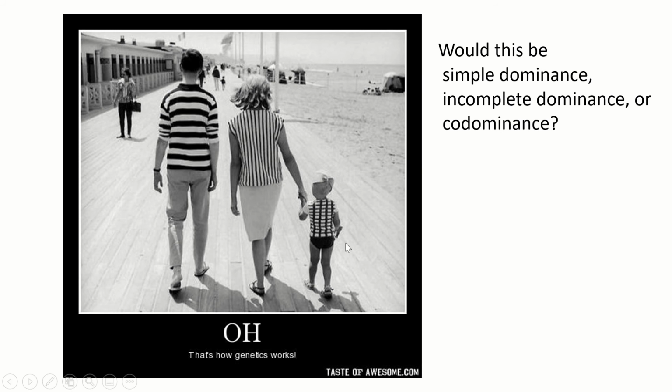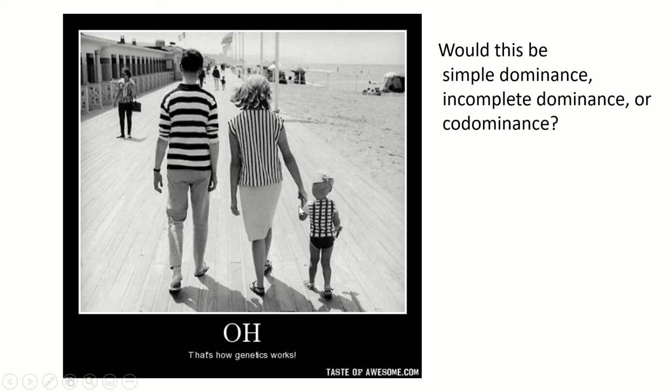Since we're seeing both horizontal stripes and vertical stripes here, it's definitely not simple dominance. And here's the thing about this. I think this is really interesting because you could make an argument that this shows either incomplete dominance or codominance. It could be codominance because we're seeing the horizontal and the vertical.